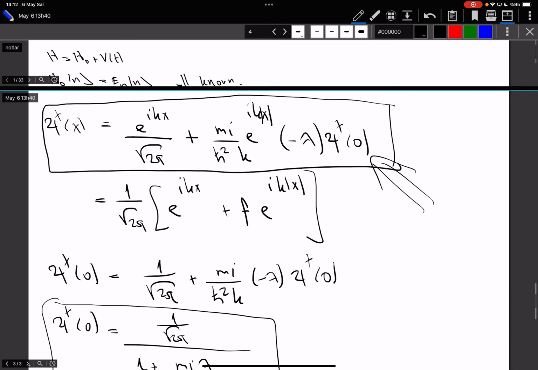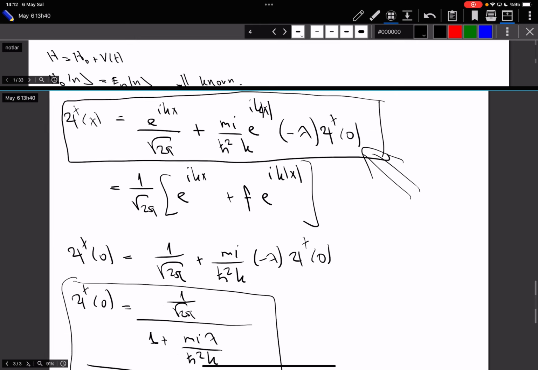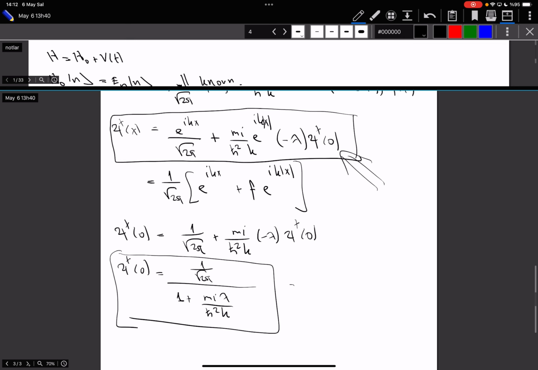So what is f? If we just compare these two equations, f is just the ratio of those two terms: minus lambda m i divided by h bar squared k times square root of 2 pi psi plus of 0. This is what f is. I'm just comparing these two equations.